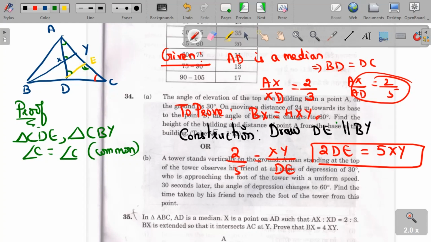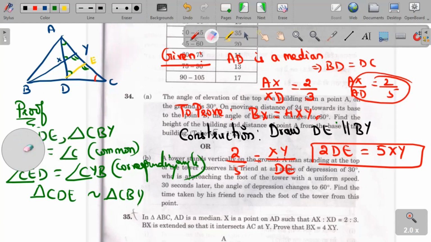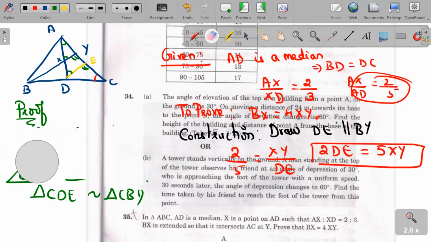So I can write that this angle will be equal to this angle. Angle CED is equal to angle CYB, the reason is corresponding angles of parallel lines we have already constructed, which means triangle CDE is similar to triangle CBY.